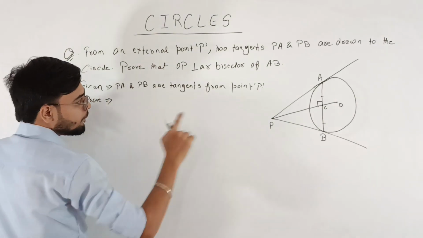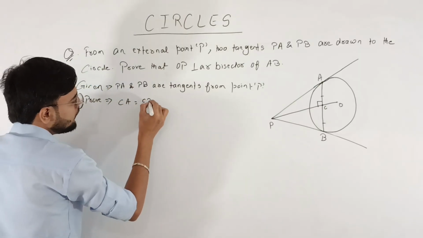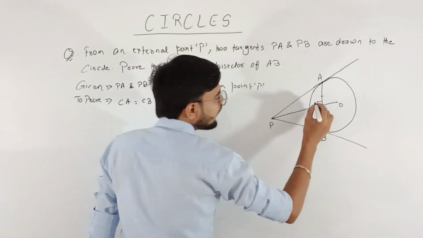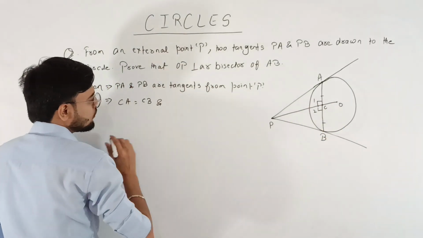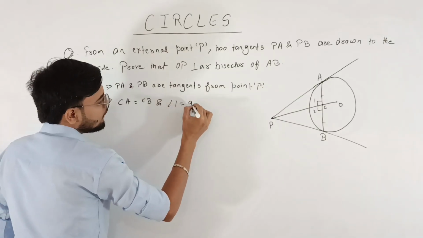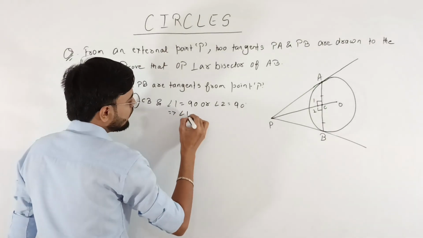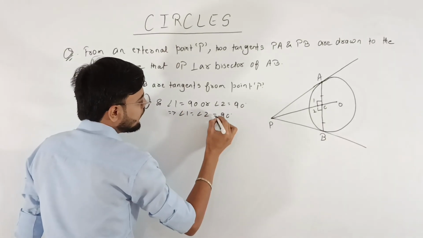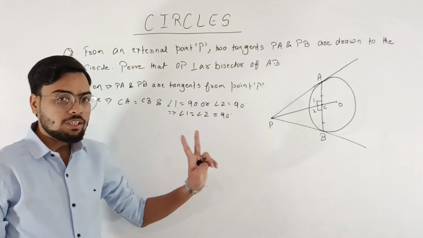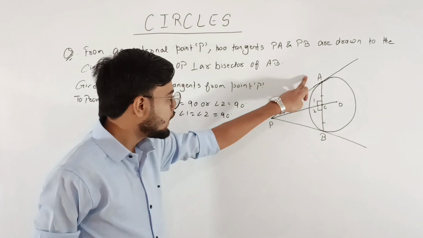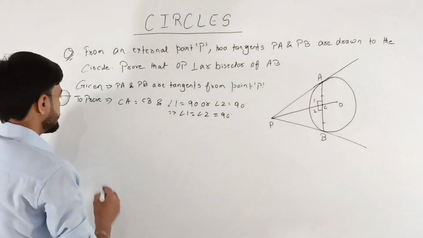To prove OP is perpendicular bisector of AB, which means we have to prove that CA is equal to CB, and I name it as angle 1 and this is angle 2. So we have to prove that angle 1 is equal to angle 2 is equal to 90 degrees. For this we clearly see two triangles, triangle PAC first and second triangle PBC. So we consider these two triangles.